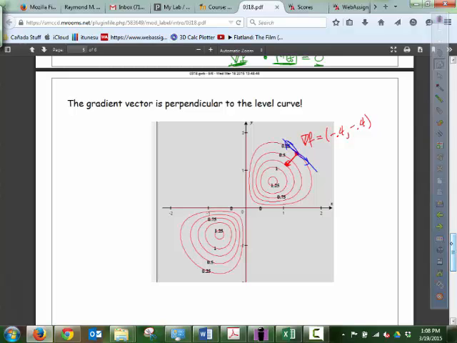One of the 2 facts that we came up with yesterday: the gradient vector is perpendicular to a level curve. That's a gradient for a function of 2 variables.